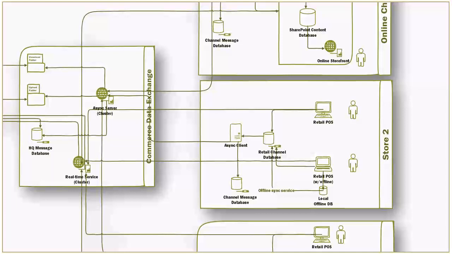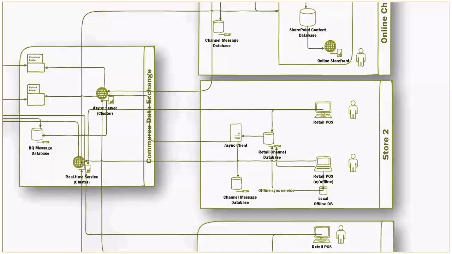So the idea here being that you would install a Windows service called an offline sync service, which would synchronize data between your retail channel database, like the primary database in your store, with a local offline database, meaning the database residing locally on the point of sale computer.